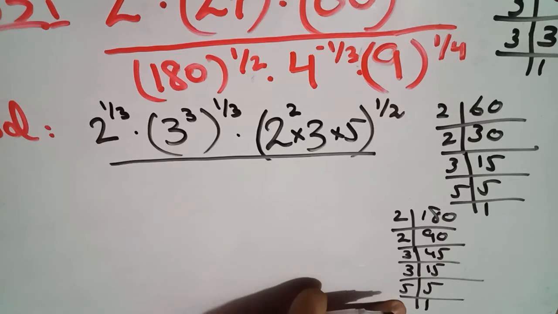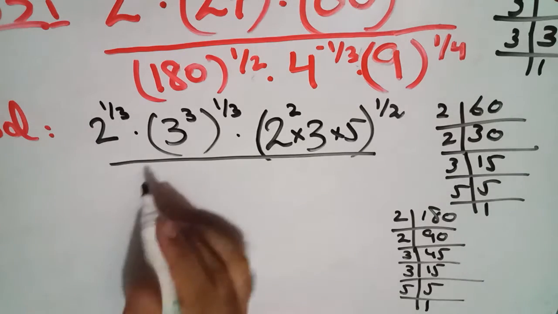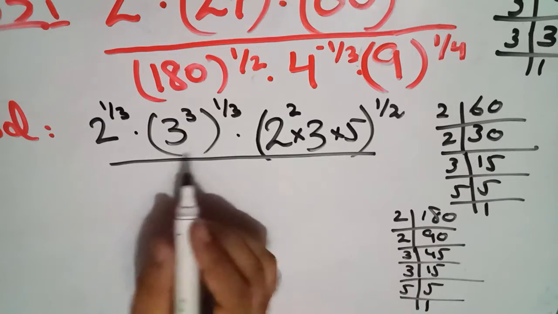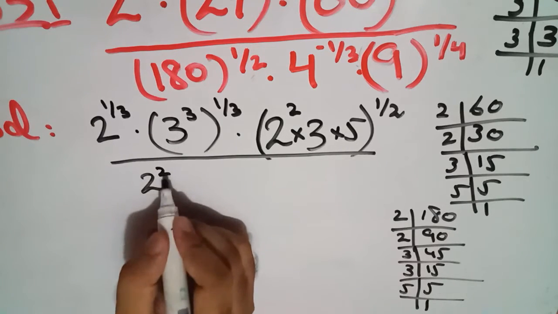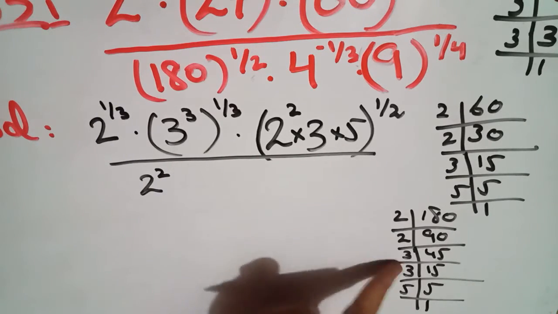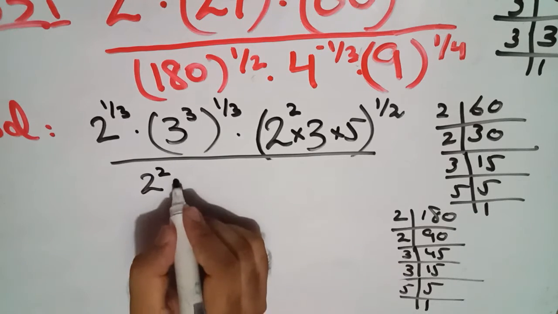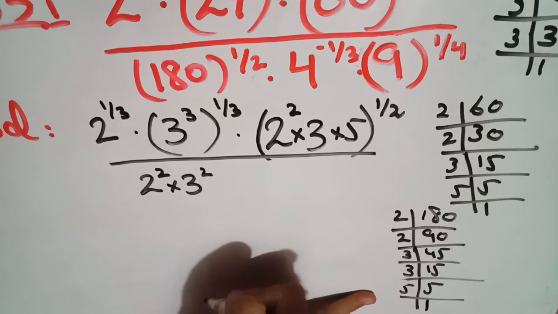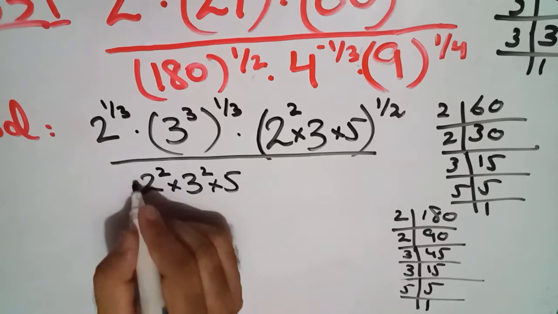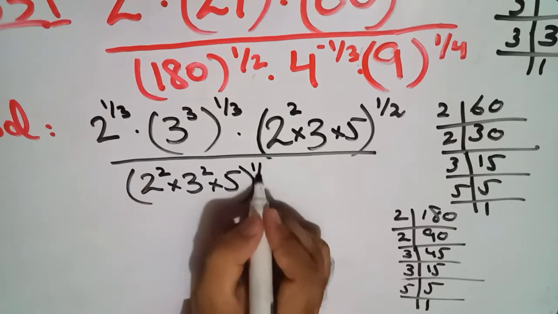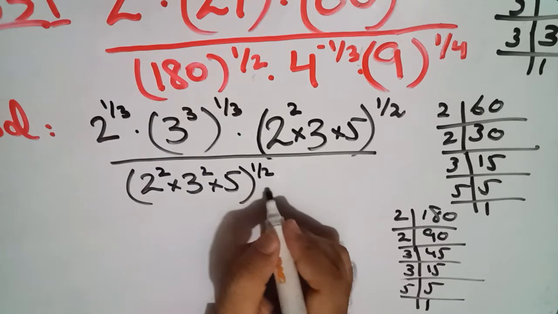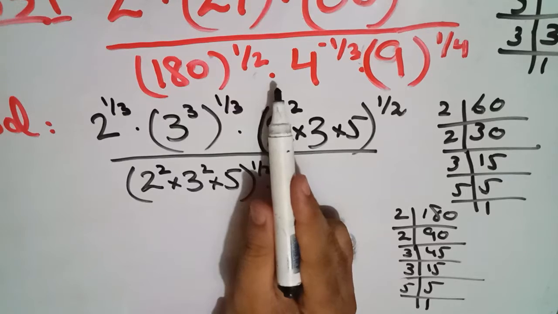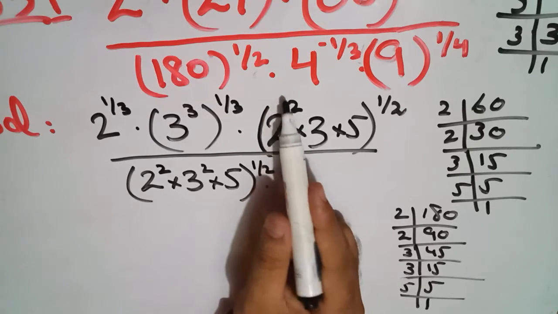You can check it. In the place of 180 I am placing 2 square, because 2 appears 2 times, 3 appears 2 times so 3 square, and 5 appears 1 time, multiplied by 5, whole raised to power 1 by 2. These dots represent the sign of multiplication.